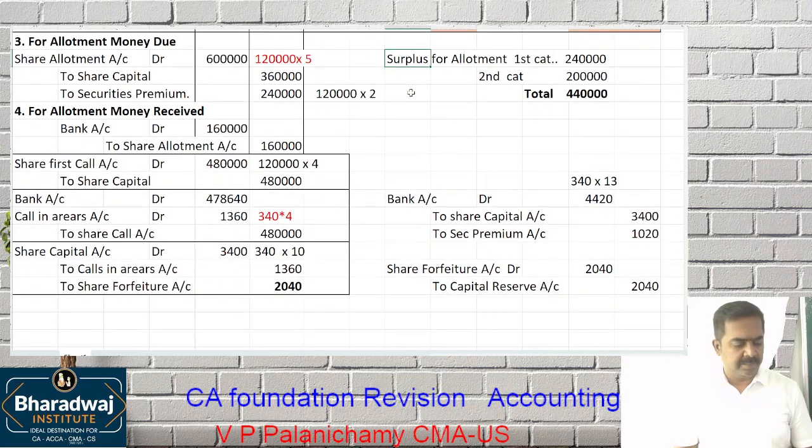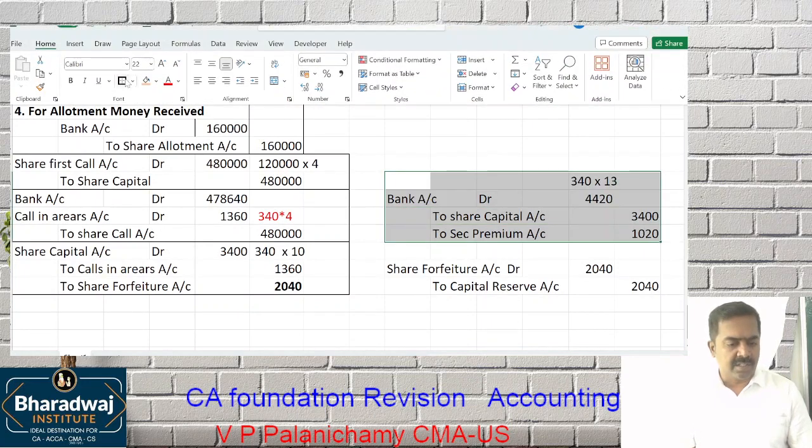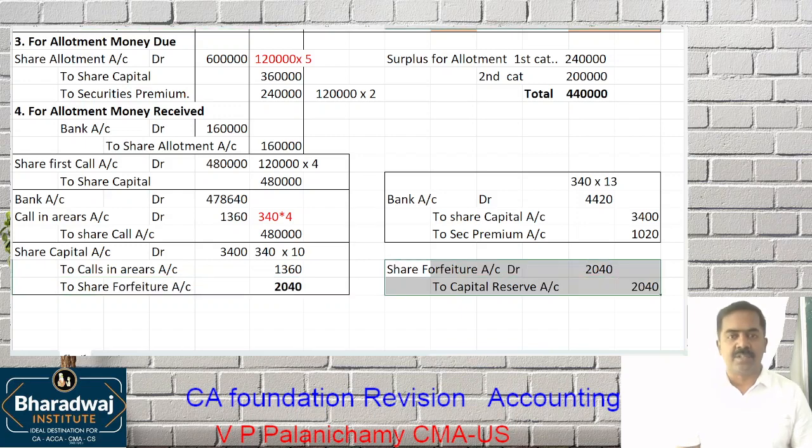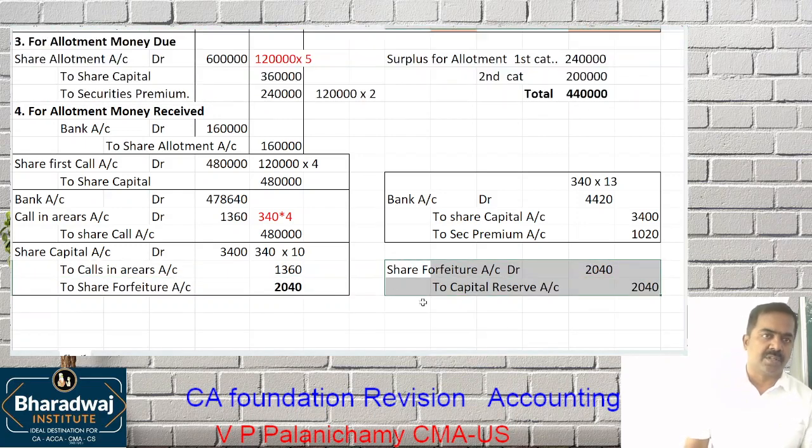Shares are reissued at a premium, so it will go to which account? Securities premium account. Likewise, this forfeiture account we can transfer to capital reserve. Why? Because there is no loss on reissue.